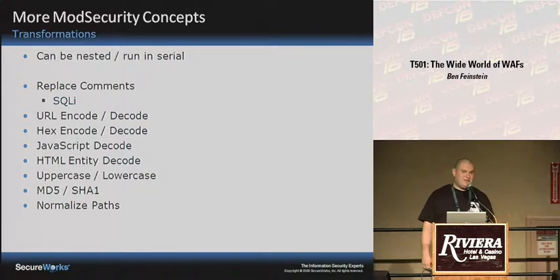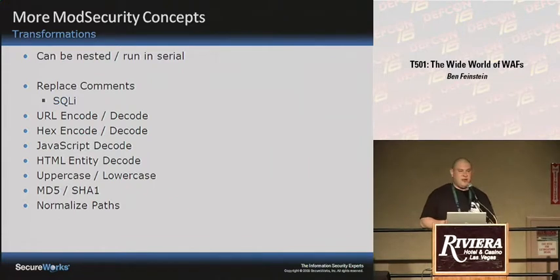You can take MD5s and SHA-1s of file uploads on the wire. So basically, I could create a blacklist of files I never want to be returned from my server or I never want to be able to be uploaded to my server. Mod security can reassemble the file upload or the return file and take an MD5 or a SHA-1 of it and match it against your blacklist. Pretty cool.